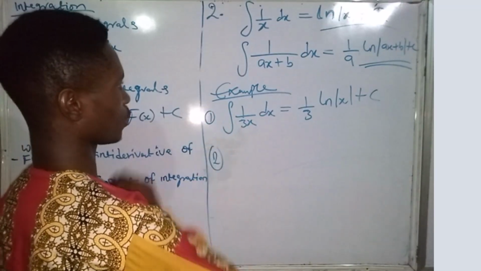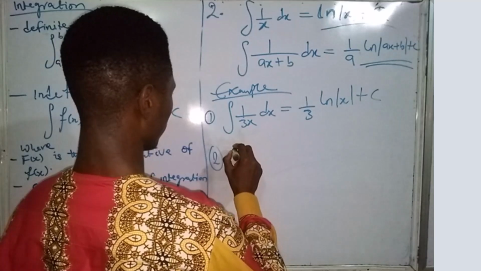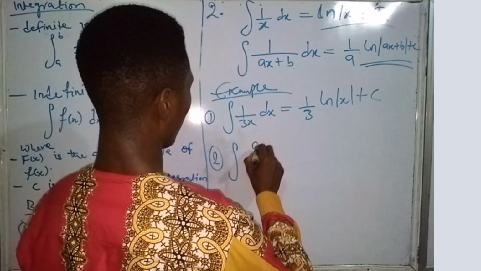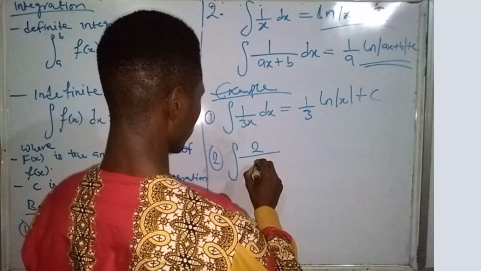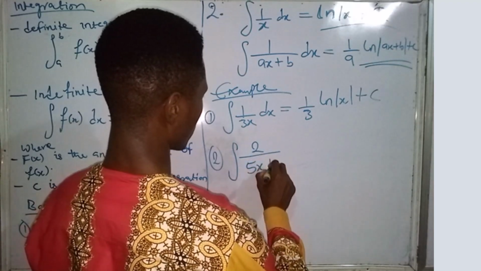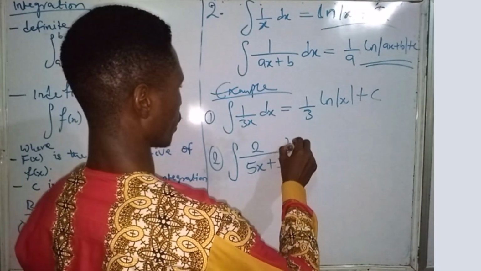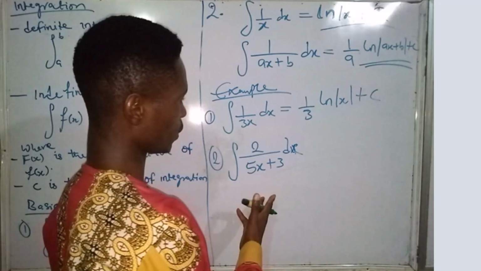So for the next one, let's do something that will look like this. If we have the integral of 2 over 5x plus 3 dx, how do we solve this?